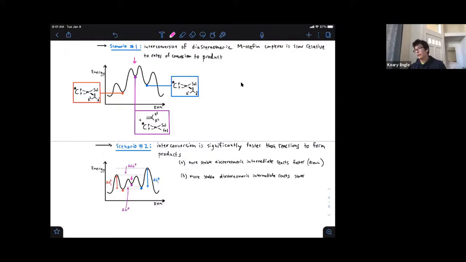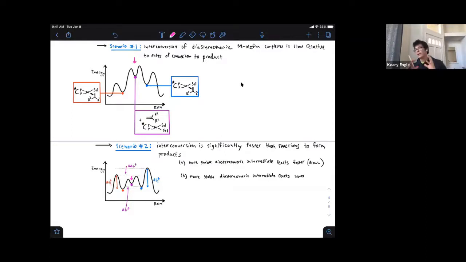And so within this general scenario, there are multiple possibilities you could consider here. Either the more stable diastereomeric intermediate reacts faster, and that's what's drawn, or the more stable one could react slower.